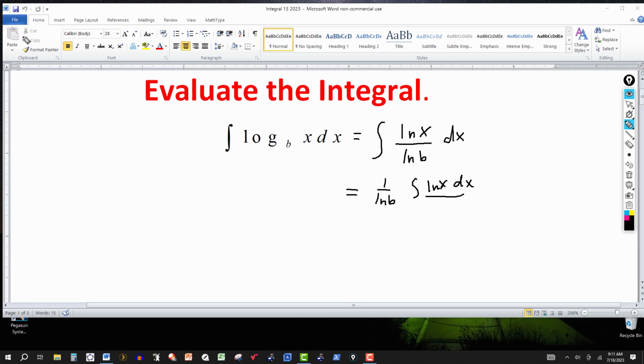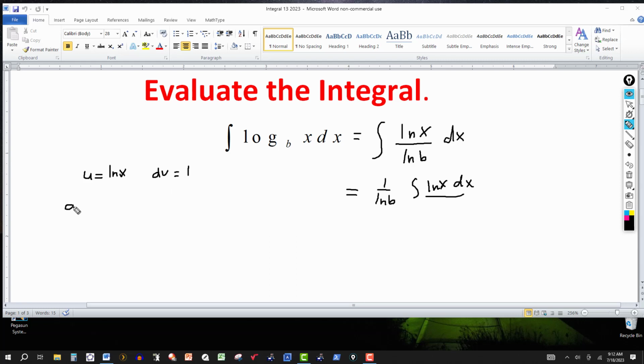I need two parts: a u function, which will be ln of x, which I can differentiate, and my dv, which I'll let equal 1. So those are the two functions, ln of x and a constant function 1.